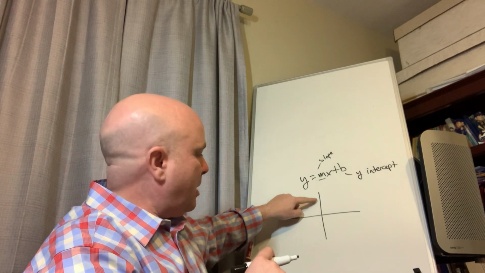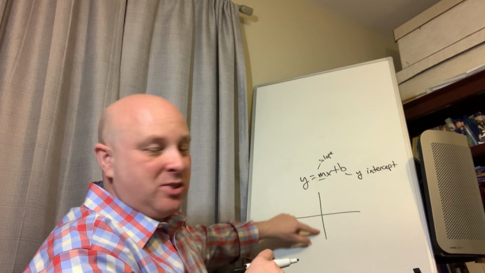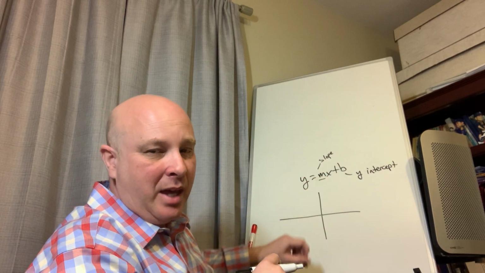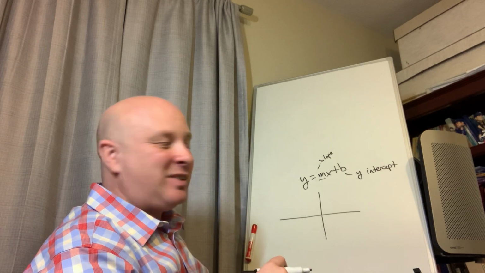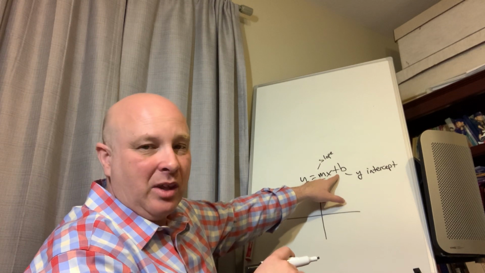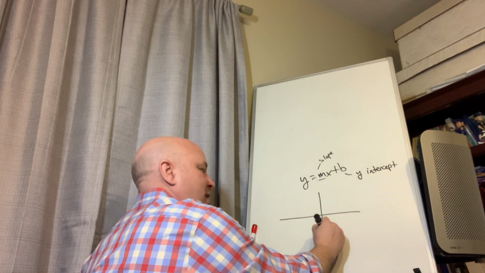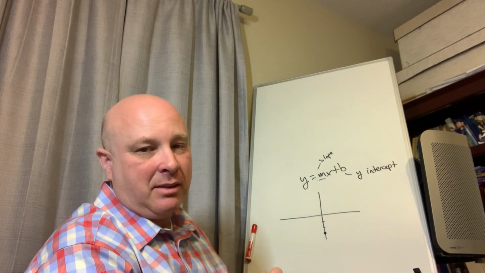If it's a negative number, in other words, if this says x minus something, then my y-intercept is below the x-axis. And I'm going to find that number. Let's say hanging out here, it says something x -3. I'm going to find my -3 and put my first dot there.